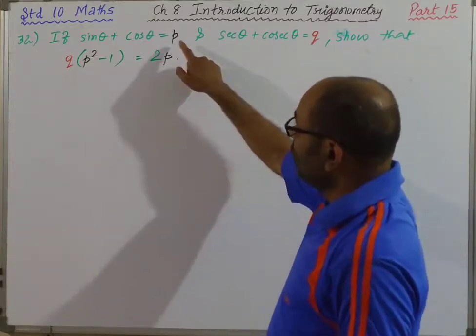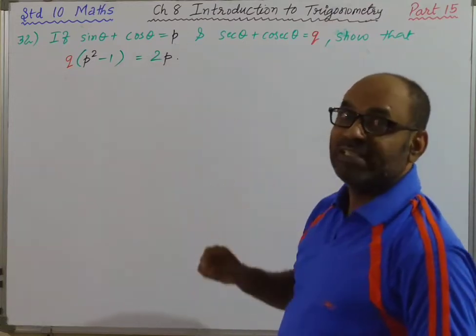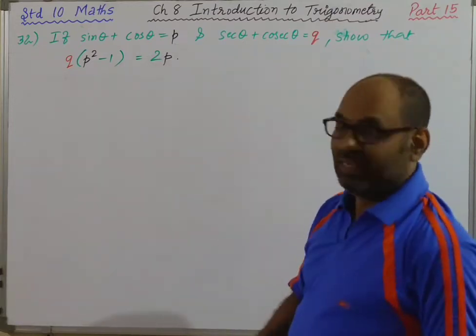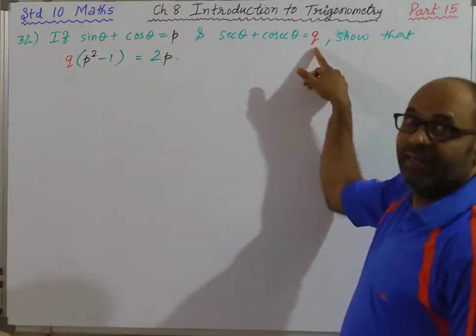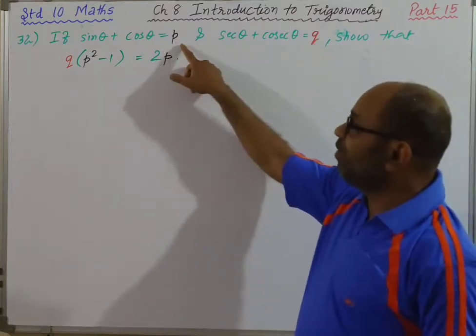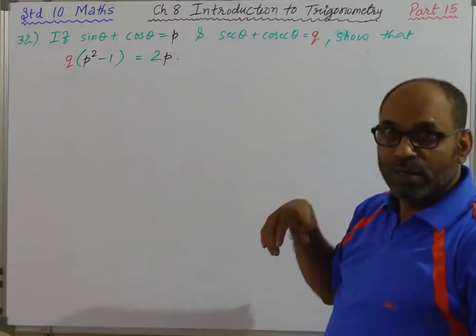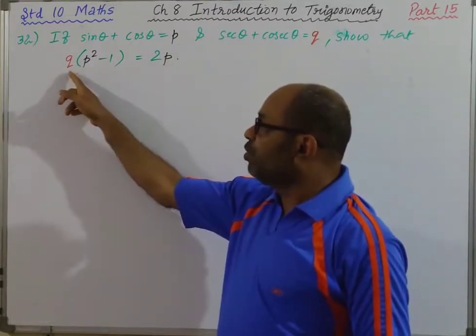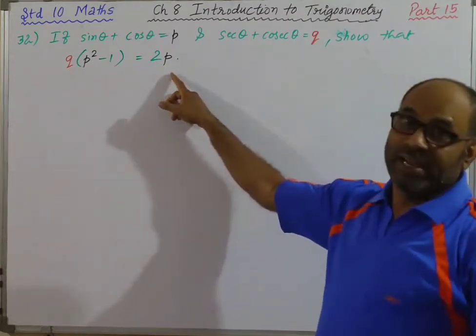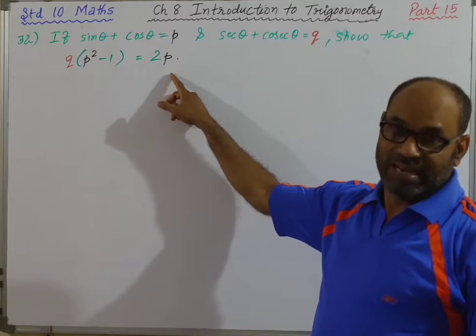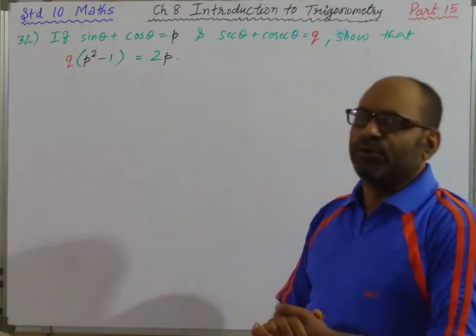What you have? I have used colors nicely. P I have written in black, Q I have written in red. So we have the value of P and Q. On the left hand side, you have Q into bracket, and on the right hand side, you have P. So what can we do?